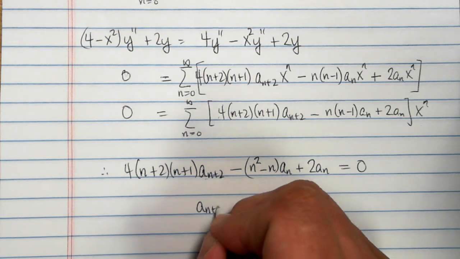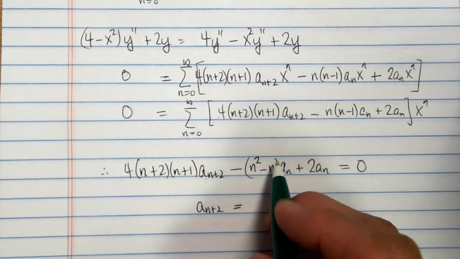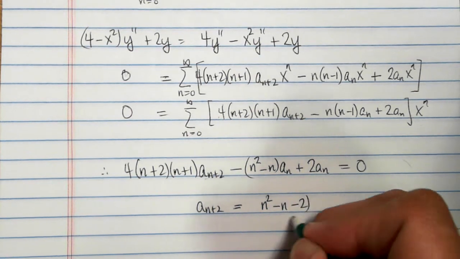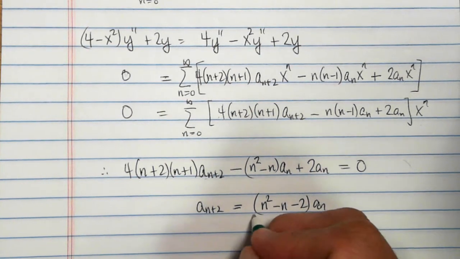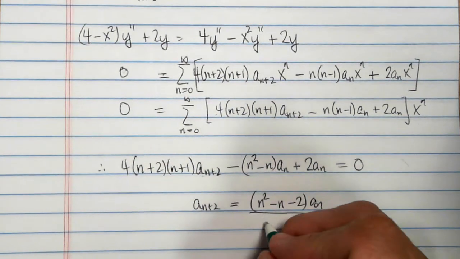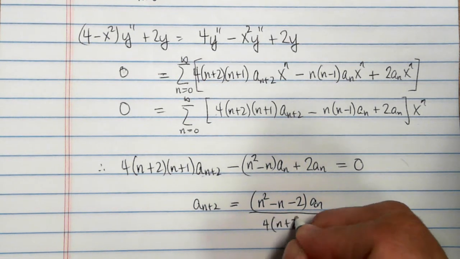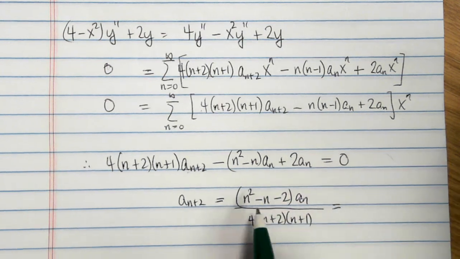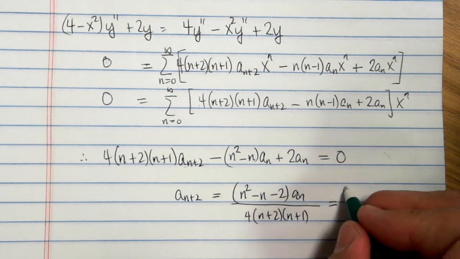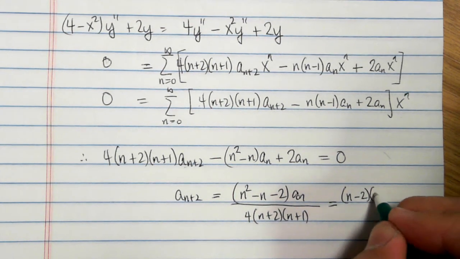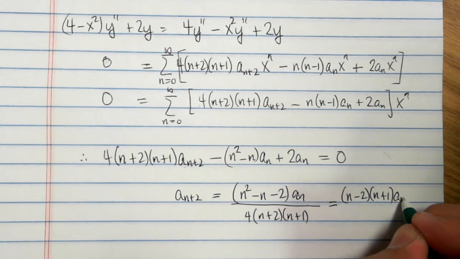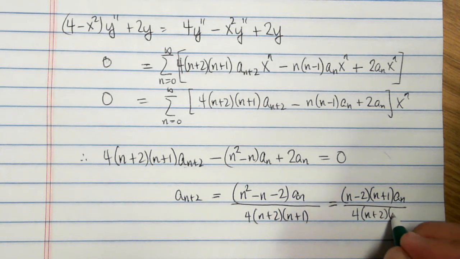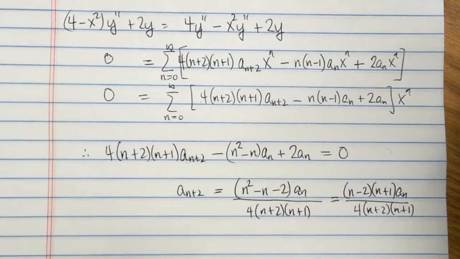Now let's solve for the higher index here. A sub n plus 2 is equal to, bringing all this over here, n squared minus n minus 2, a sub n, and then dividing, I have 4 times n plus 2, n plus 1. The thing in parentheses factors; that is equal to n minus 2, n plus 1, a sub n over 4 times n plus 2, n plus 1.